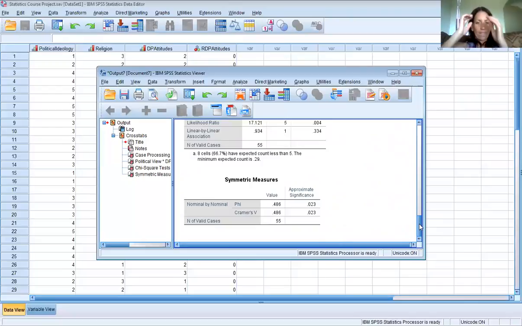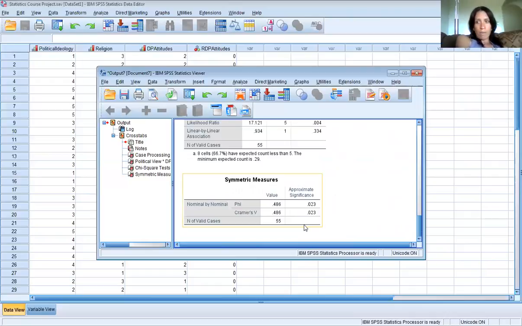The phi and Cramer's V are significant, which is not, it should be, and it tells you that the strength of the association is moderate. The closer to 1 you get, the stronger the association is. And it also tells you the direction.